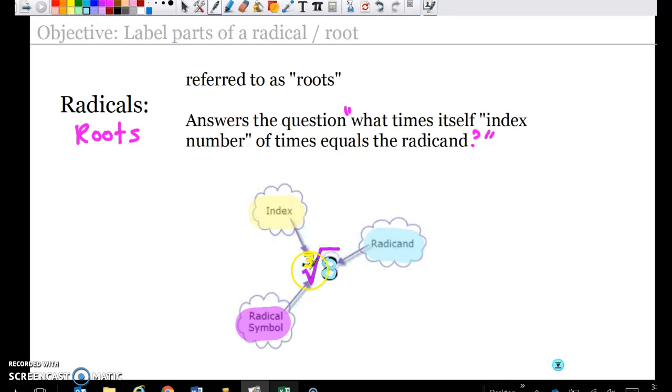And the way that I would read this would be the third root of 8.